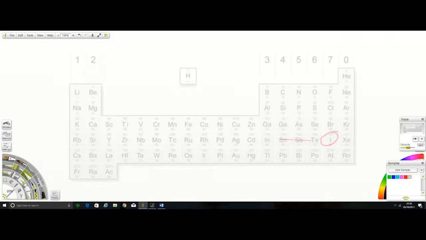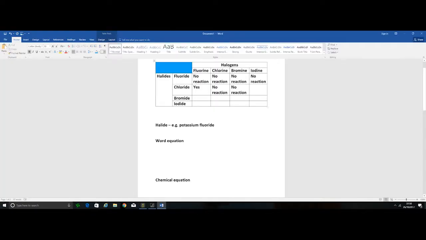Here's iodine, here's chlorine. Can iodine displace chlorine? No, because chlorine is more reactive than iodine, so no reaction. Like I said, you need to have a periodic table just to double check your answers.